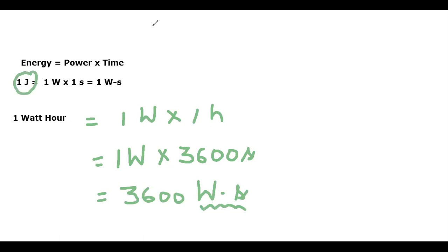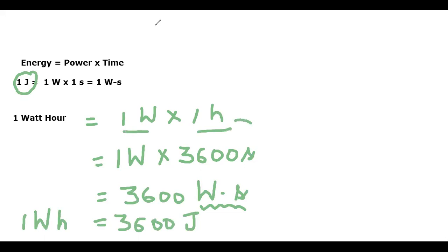See, I have circled it on the screen. Excellent, children. So 1 watt hour can be written as 3600 joules. What I have done, I have written 1 watt multiplied by 1 hour and I have converted into SI unit such that the final answer comes in SI unit.